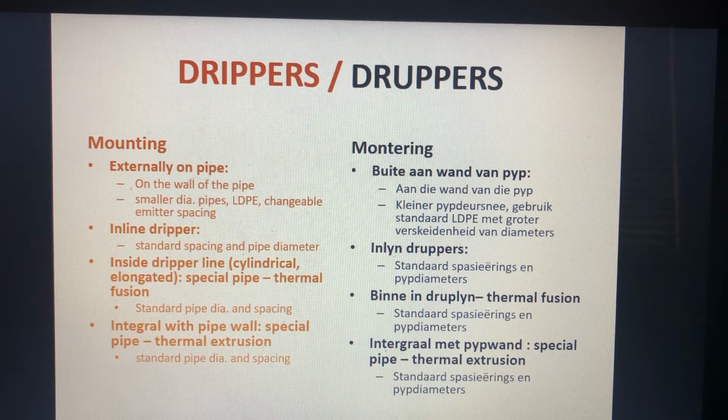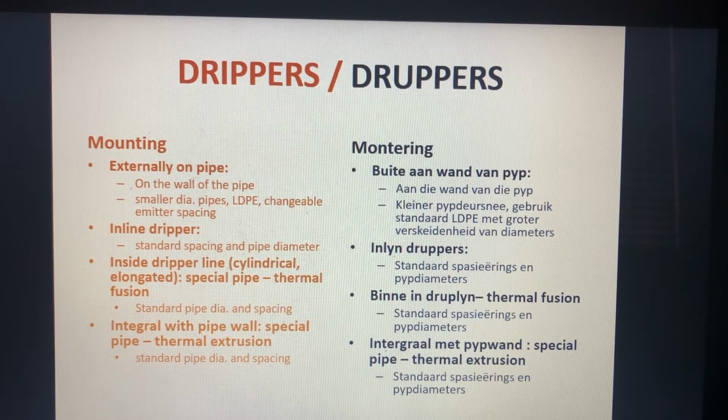Then inline dripper, standard spacing and pipe diameter. This is when you have a dripper that fits specifically in between 2 pipes, and when those 2 pipes are being added together, the dripper will sit in the middle inside the dripper line.